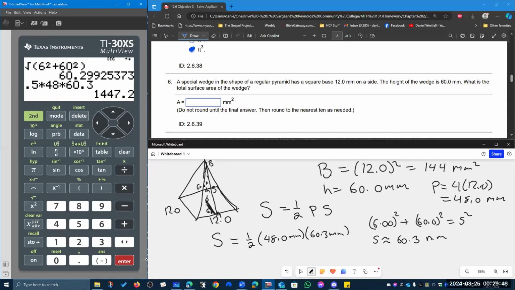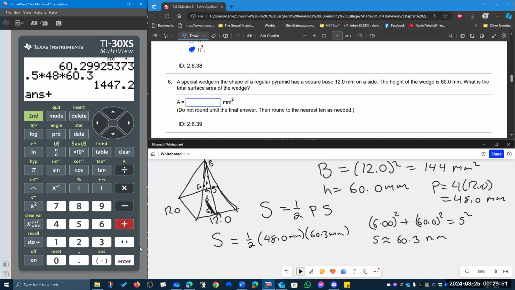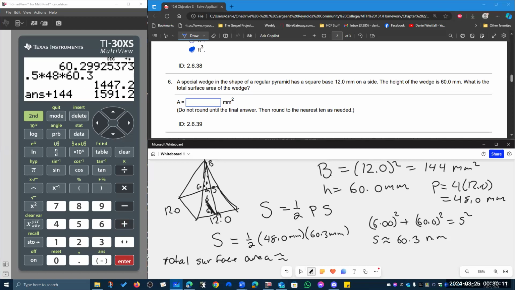This plus the base area gives the total surface area, which is about 1590 square millimeters.